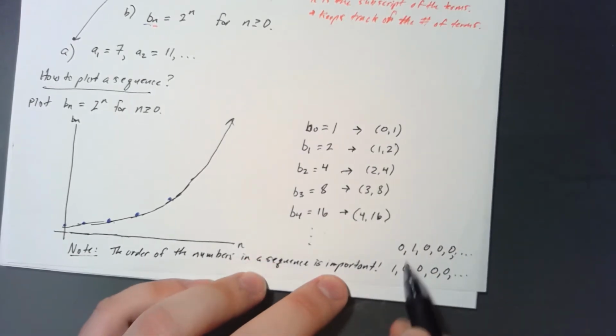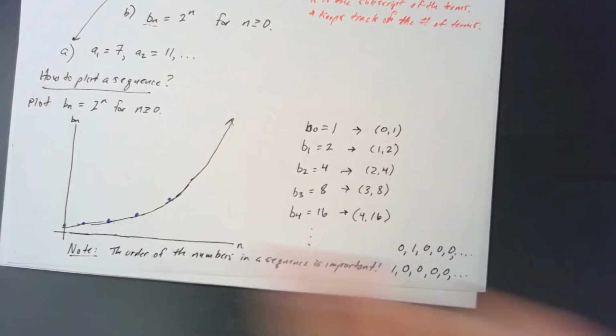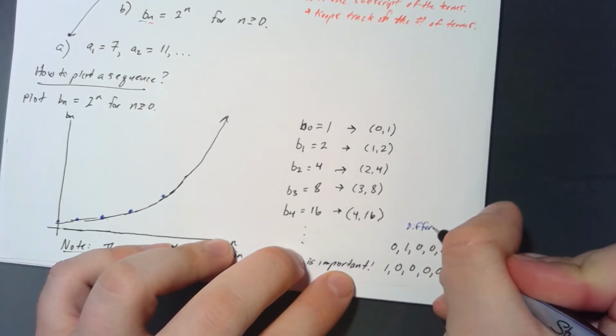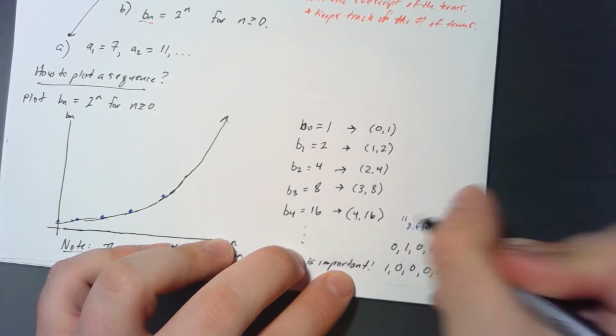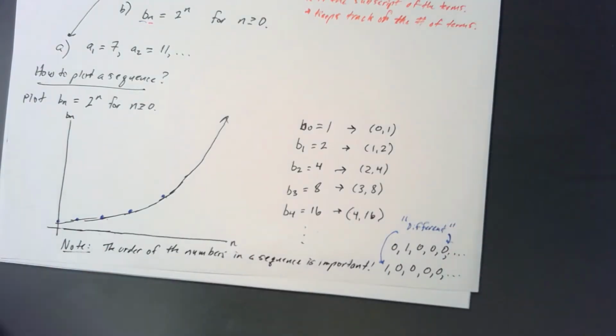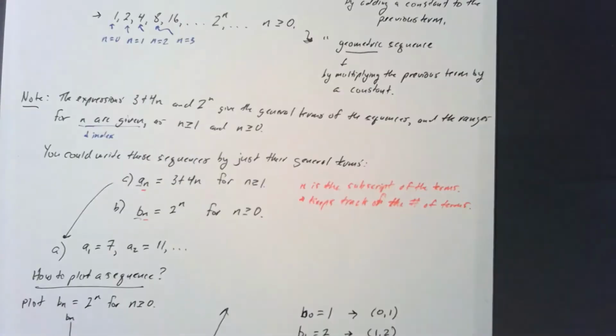So these are two unique sequences. The ordering matters. So these are different sequences. Just keep that in mind. The ordering of the terms is important. Okay.